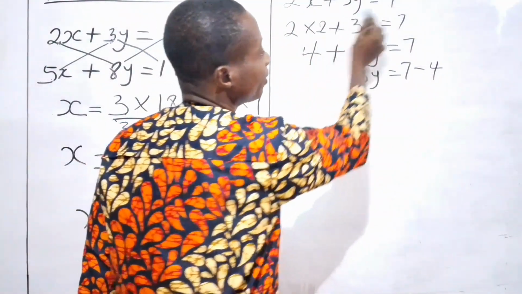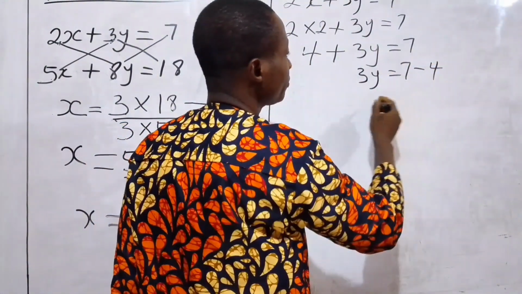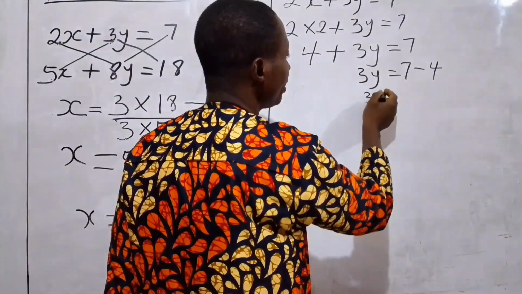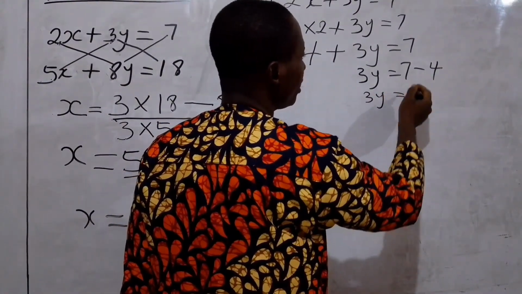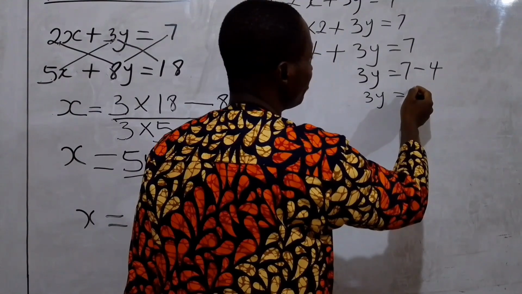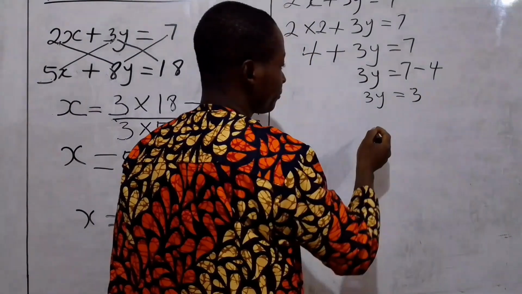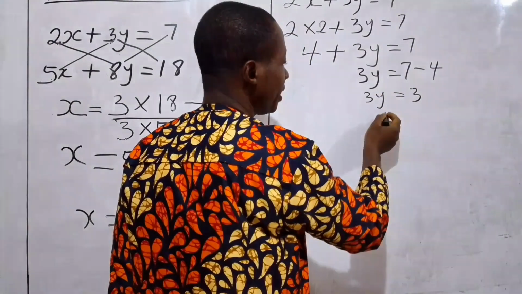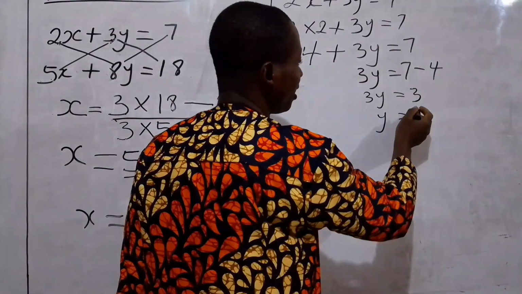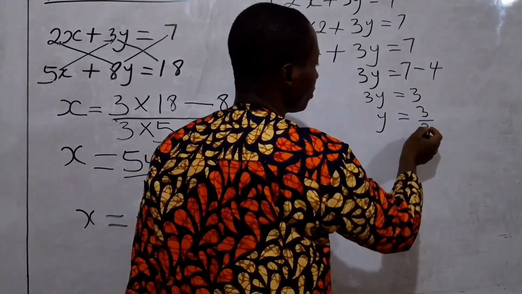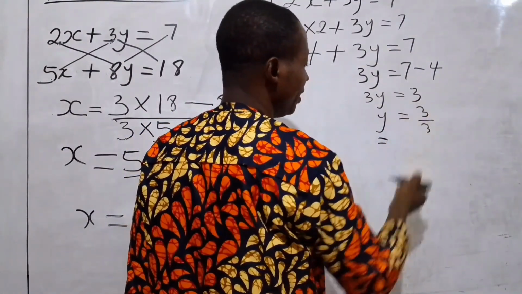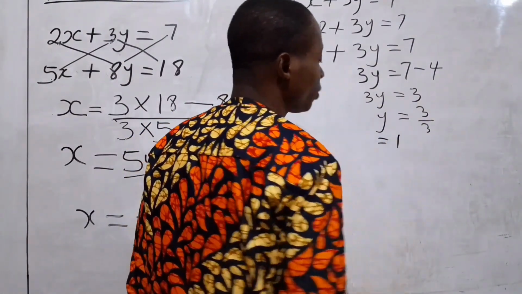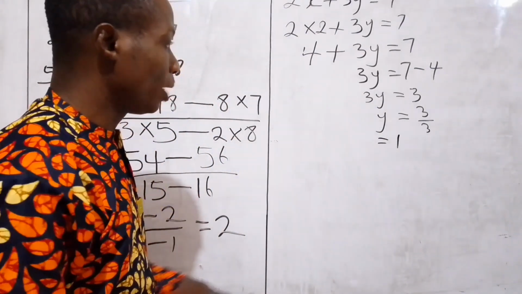If you bring this 4 to the right, it changes to minus. 7 minus 4 is 3. If you divide both sides by 3, you have y equals 3 divided by 3. Eventually, y becomes 1.